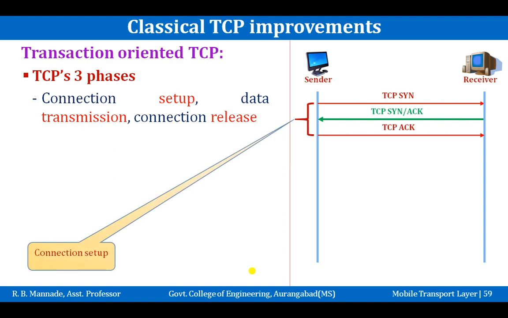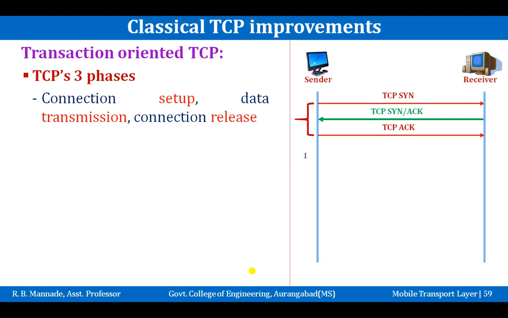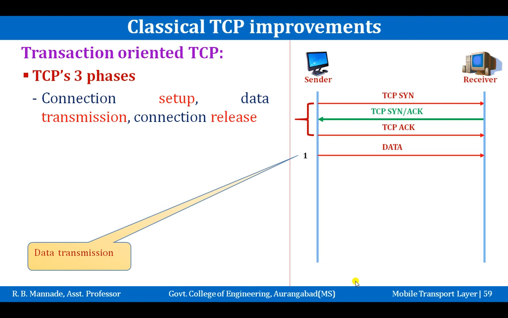After setting up the connection, the actual data is transmitted. Suppose this is packet number 1, which the sender wants to transmit to the receiver. This is the data transmission phase. Once the data is received at the receiver, the connection should be released.